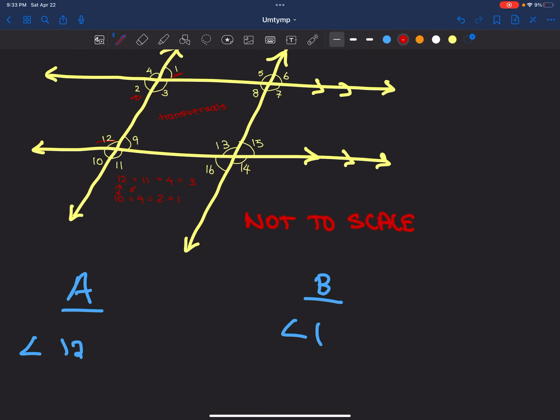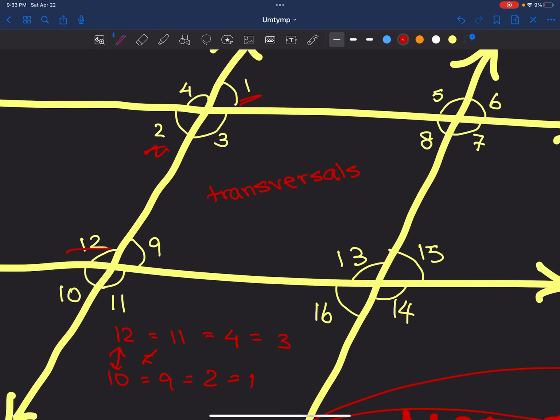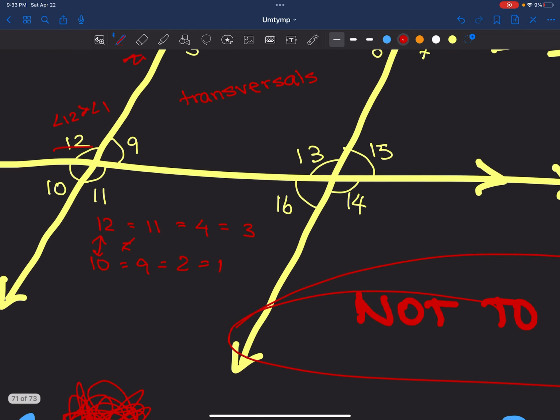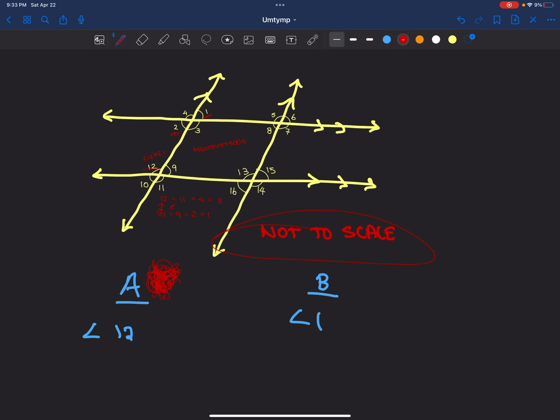Since they're not equal to each other, the answer should be A, right? It's not. I'm going to cross out any idea you had that was A. The key here is that this is not to scale, so we can't assume that angle 12 is greater than angle 1, because it could be the other way around. This is one of the tricky things that UMTYMP may implement in your test to make your life more difficult.